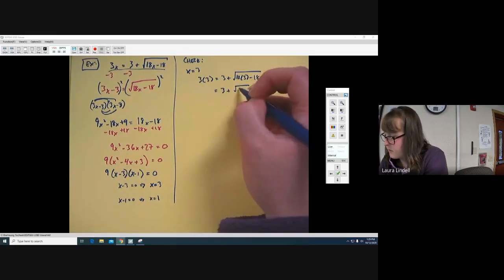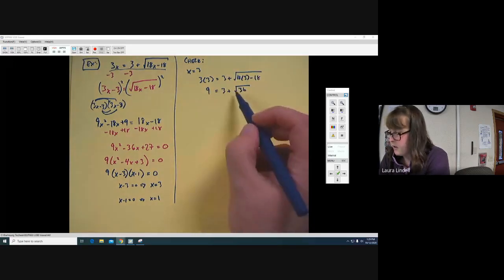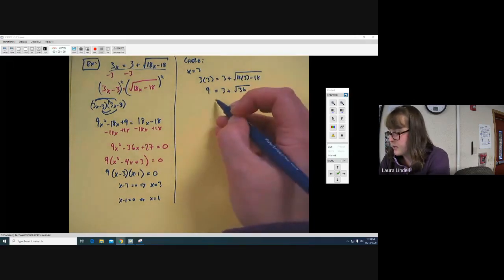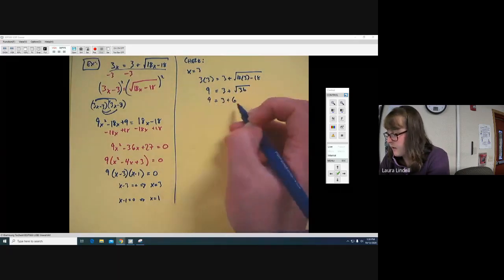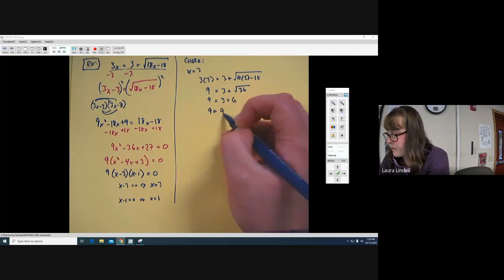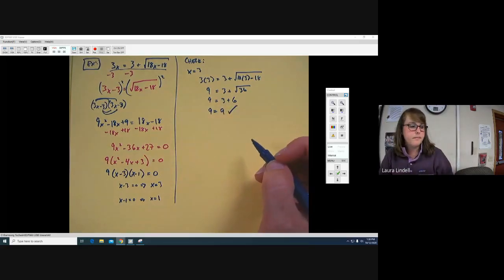And this whole thing simplifies to 36. So the square root of 36 is 6. And 3 plus 6 is 9. So 9 equals 9, and we're all good. x equals 3 is a solution.